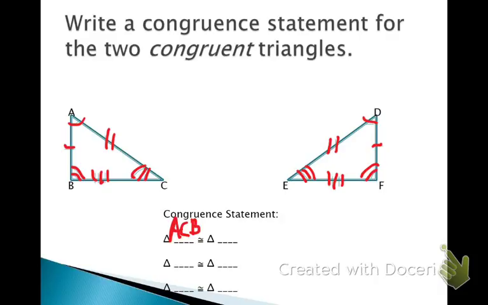If I call this triangle ACB, when I name the second triangle, I have to find the angle that corresponds with A. What angle corresponds with A? Yeah, it's D. It has one mark. And then what angle matches up with C? Yeah, it would be E. They both have 3 marks. So it would be D, E, and then B goes with F.